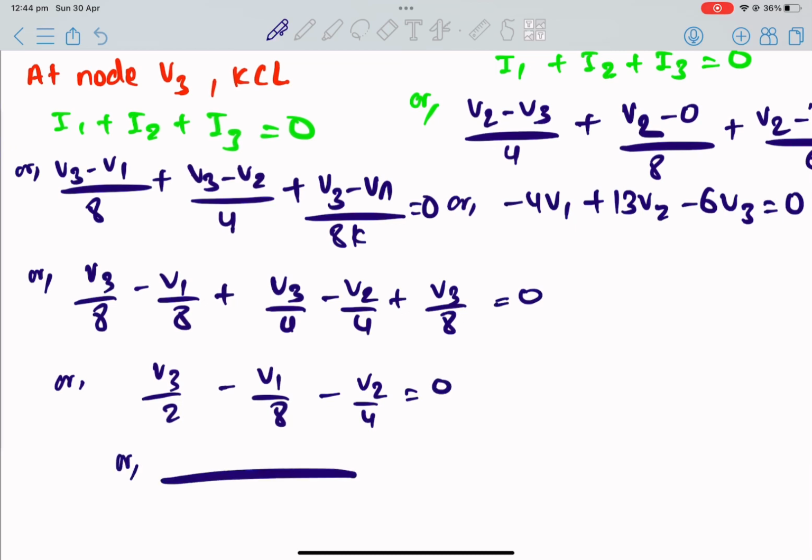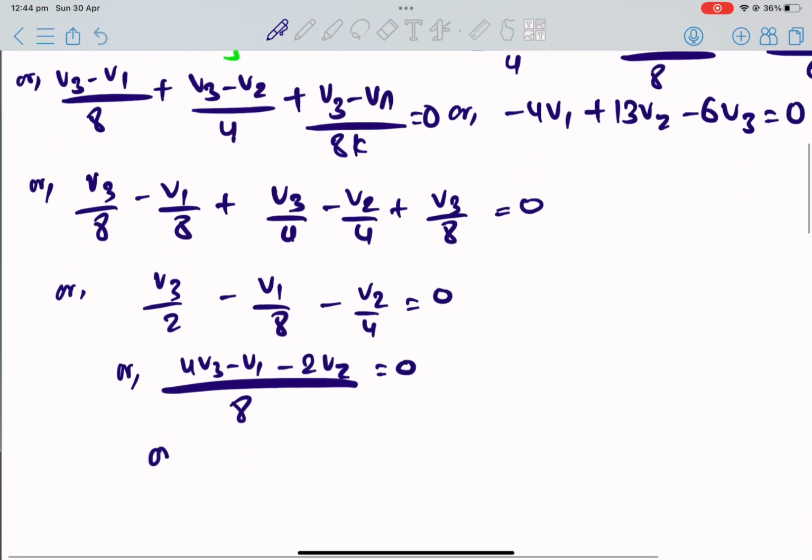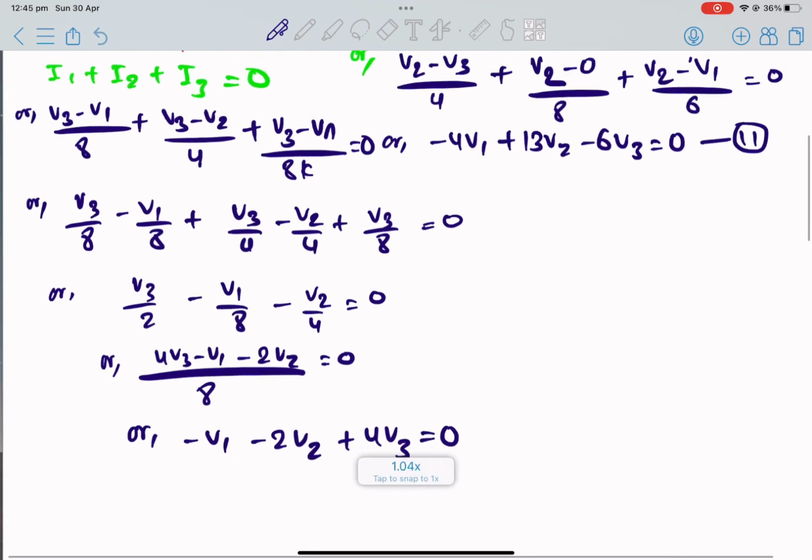So let's take 8 as common: 4 V3 minus V1 minus 2 V2 equals 0. So our third equation is minus V1 minus 2 V2 plus 4 V3 equals 0.